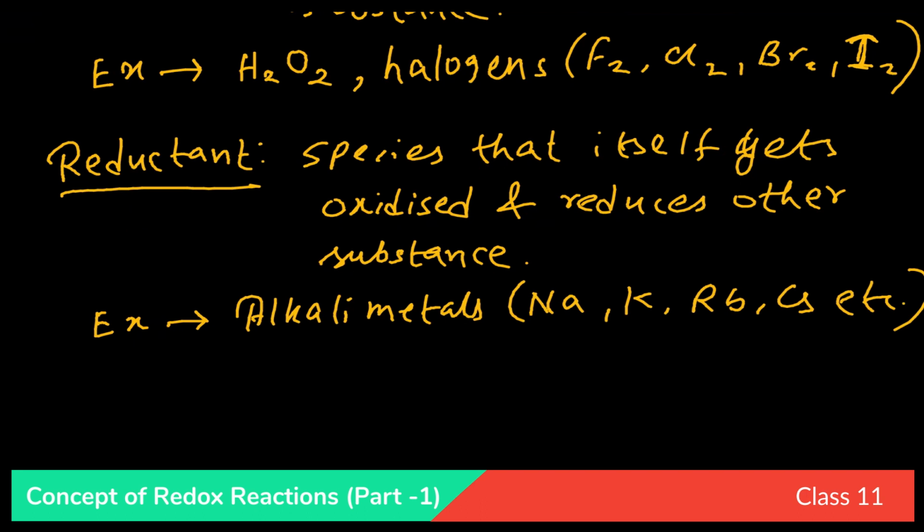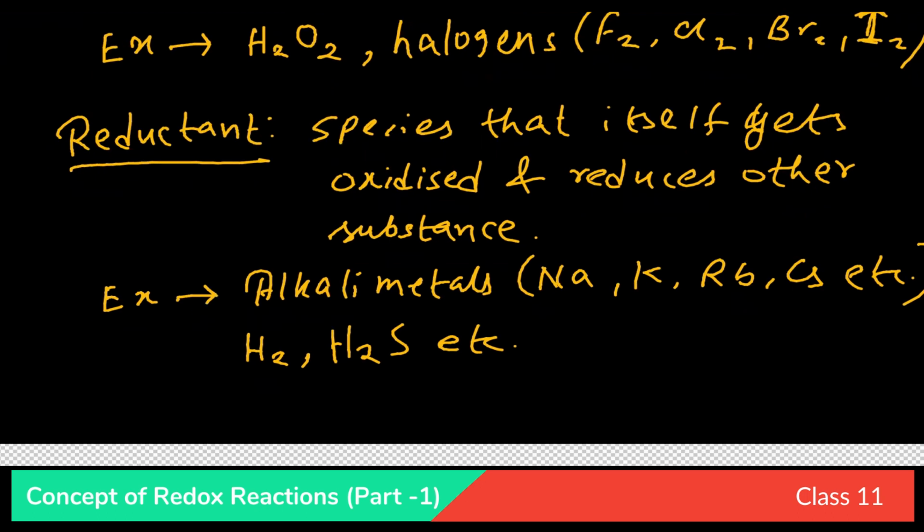That means they will themselves get oxidized and will reduce other substances. So we can call these alkali metals reductants. Other examples are also there, like hydrogen, H2S, that is hydrogen sulfide, and many others. So these are the examples of reductants or reducing agents.